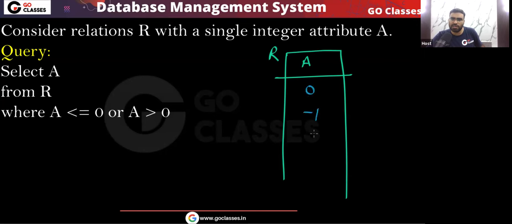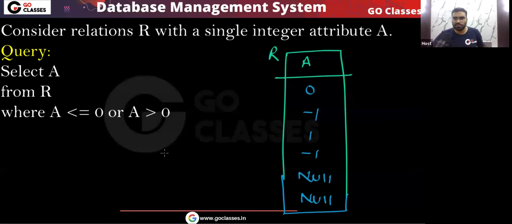You can have -1, 1, -1. Let's assume you have null, you have null. Okay, let's assume these are the tuples. Is this clear? Now you tell me how many tuples this query will give you in the output. Let me know. Find the number of tuples in the output.